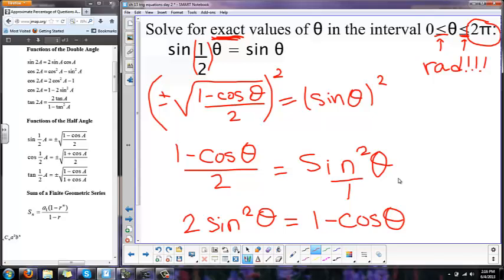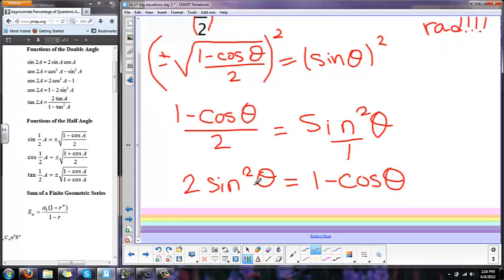Okay. Alright, so let's see. If I add cosine to both sides and I bring this over, just so that I can set it equal to 0.